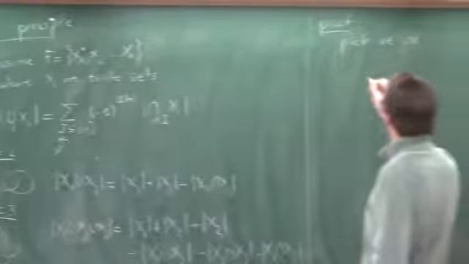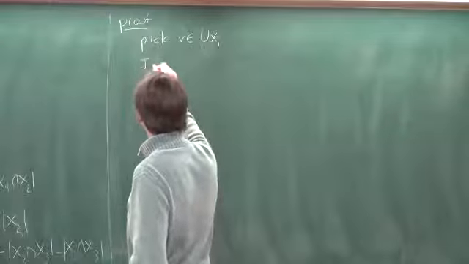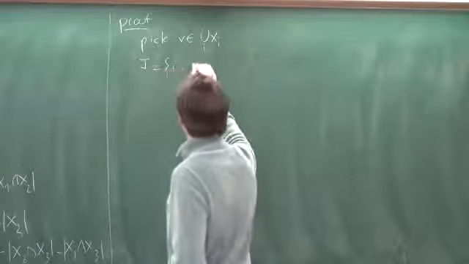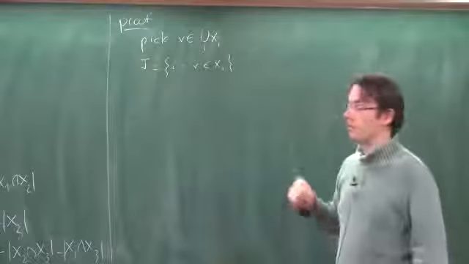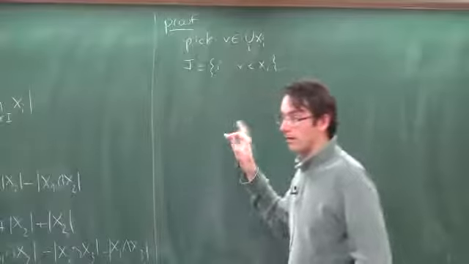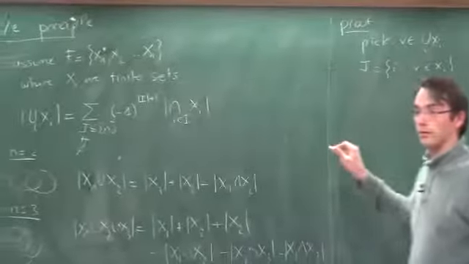You can pick a particular subset J, those of the indices i such that v belongs to Xi. And now you need only look at the sum for I subset of J. And for all those, this indicator function will evaluate to 1.